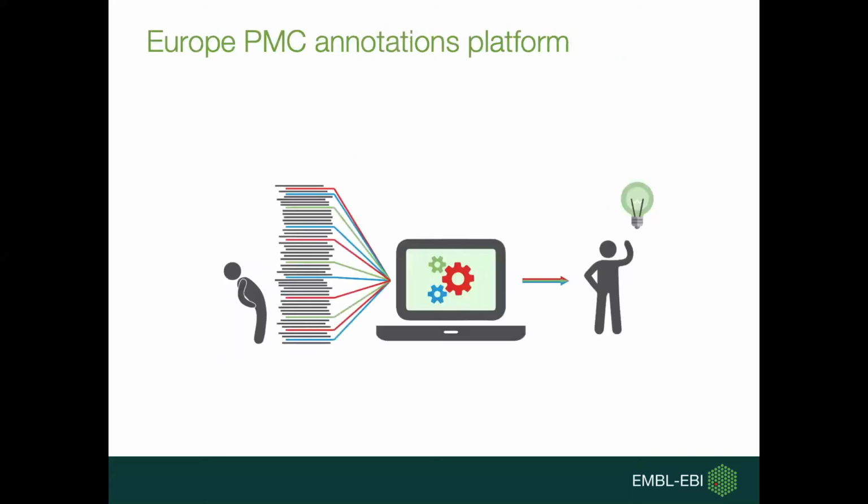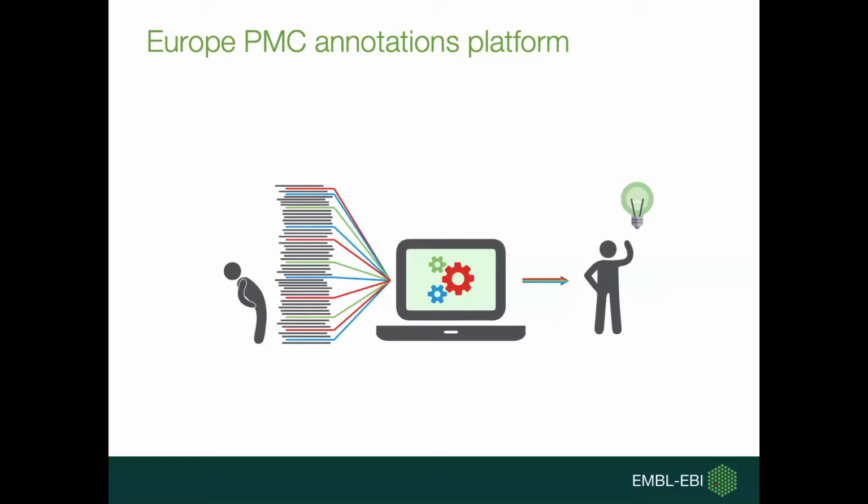To effectively extract information from such a large number of publications, automation is an essential component. So here, text mining is often used to extract knowledge. However, its application can be limited due to the technical know-how to set up a text mining pipeline.